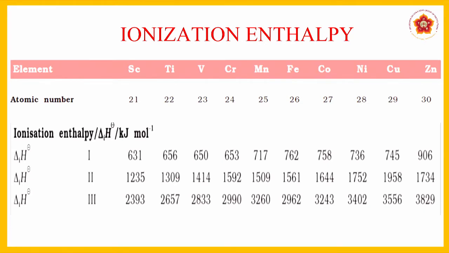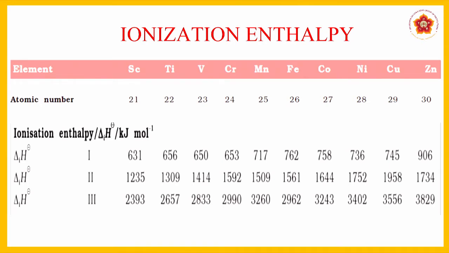Zinc shows very high ionization enthalpy because zinc is highly stable. It has a completely filled d orbital, 3d10 and 4s2. If you see the second ionization enthalpies, almost everything is increasing, but there is a sudden decrease in manganese. Now, we will have to discuss why there is a sudden decrease in manganese.